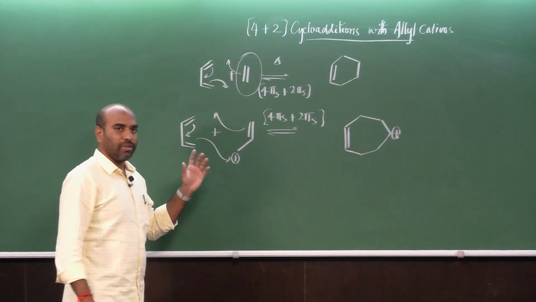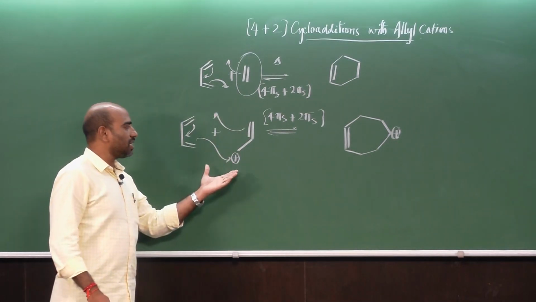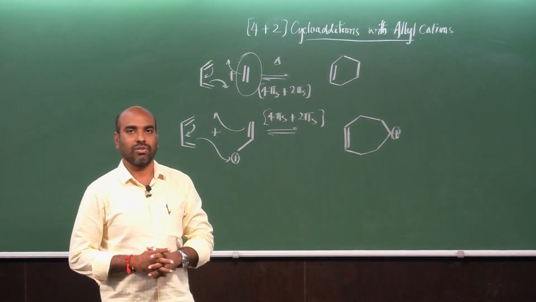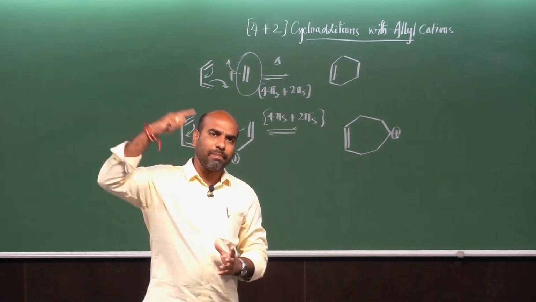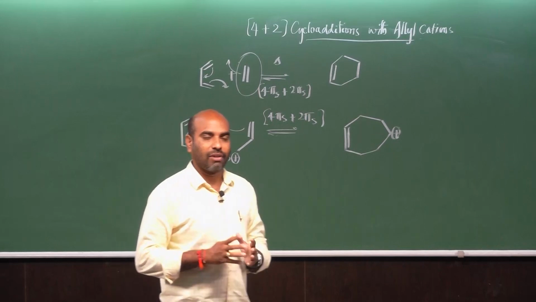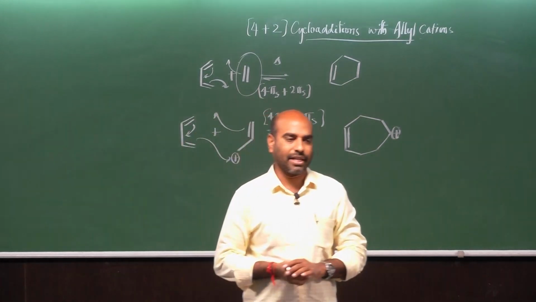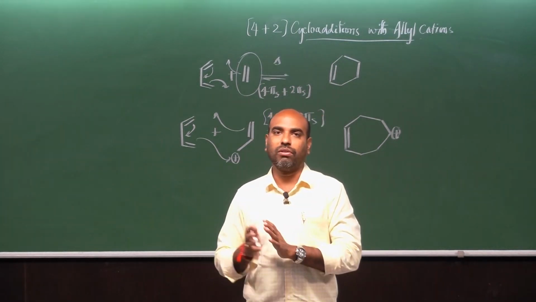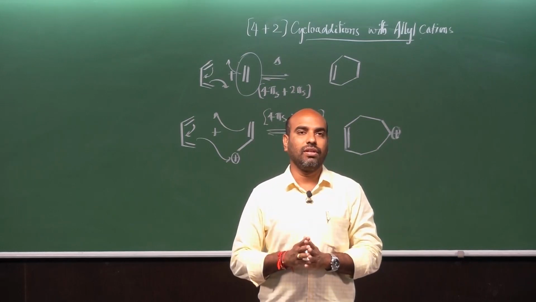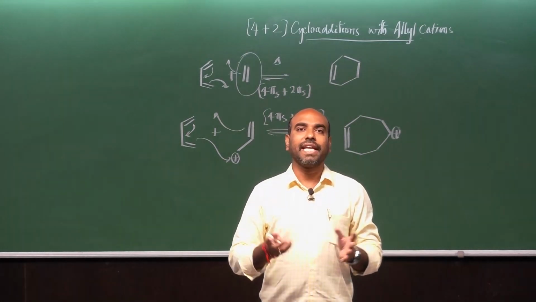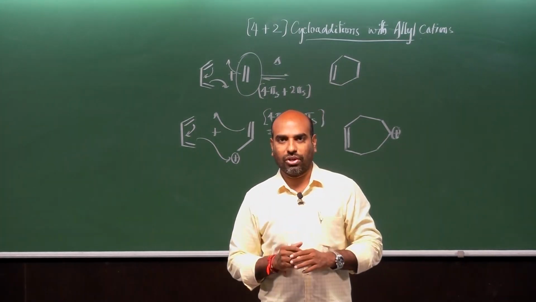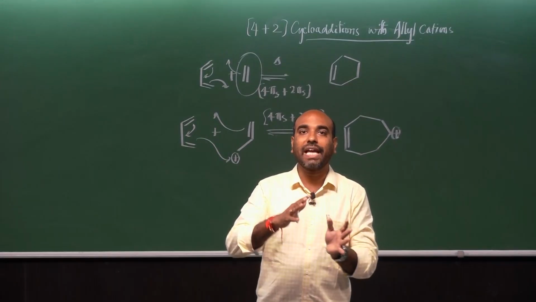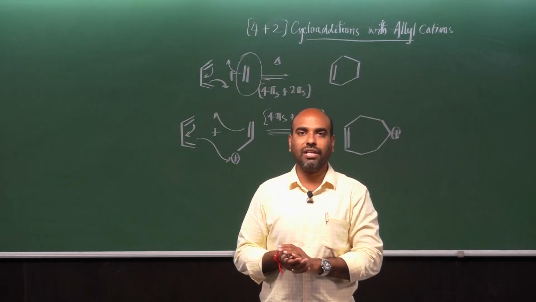What we have seen here is the participation of a charged species as one of the reactants in the Diels-Alder reaction, right. In the very beginning of our course, while discussing the properties of pericyclic reactions, we said that a pericyclic reaction will never produce any kind of charged species by itself. But if the reactant molecules are themselves charged, the charge will be carried forward until completion of the reaction.